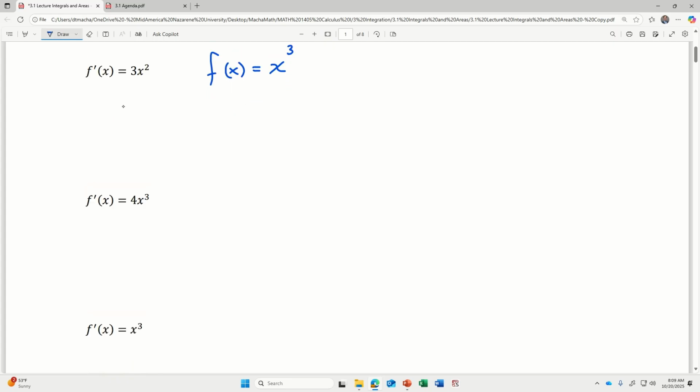If my derivative is 4x cubed, what would be the original function? X to the fourth. If my derivative is x cubed, what would be the original function?